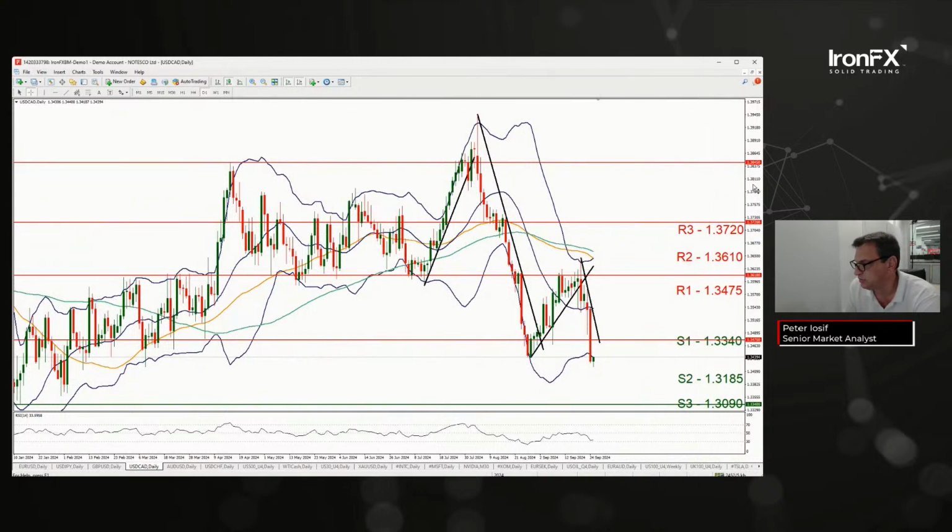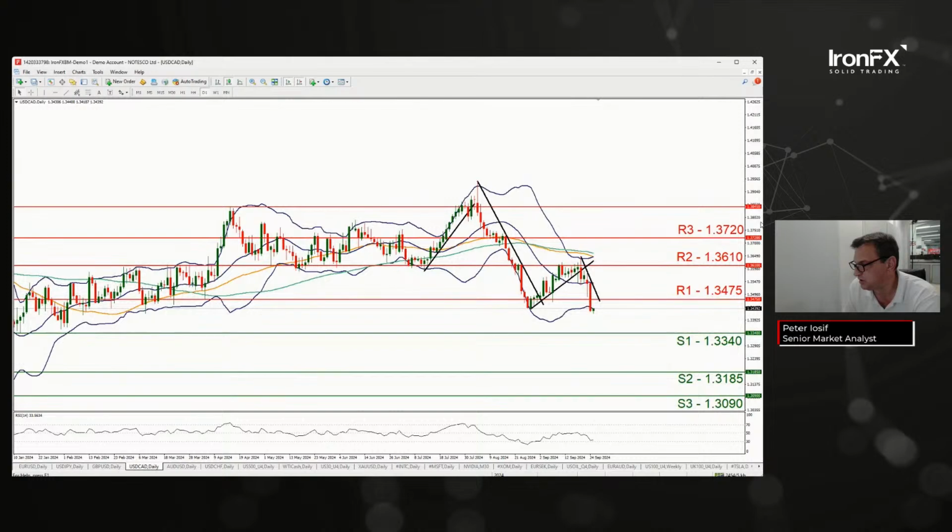So once again, we maintain a bearish outlook. For a bullish outlook, the bar is pretty high. It's quite a remote scenario right now. For the pair would have to rise, breach the R1 1.3475, breach also the downward trend line we have just mentioned, signaling an end or interruption of the downward movement, and continue higher to breach also the 1.3610.